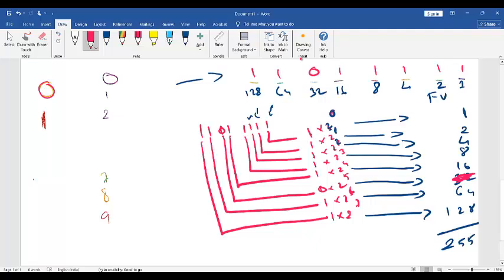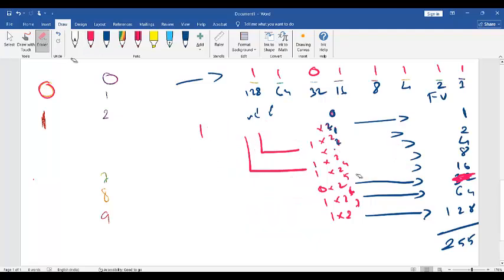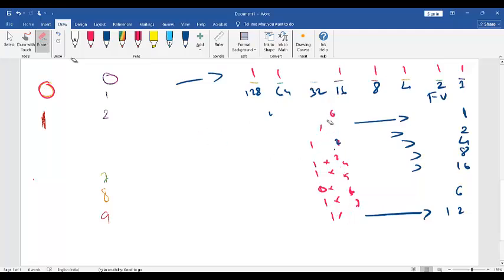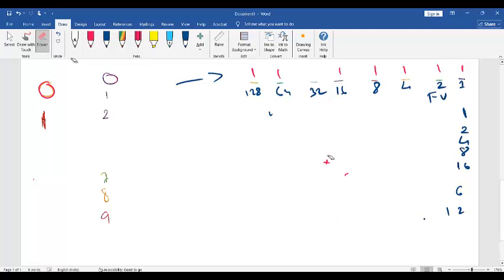That is the value. So what I'm trying to say is, if you have all ones, it is 255, and we learned how it is 255. If some bits are 0, only then we need to do some calculation.